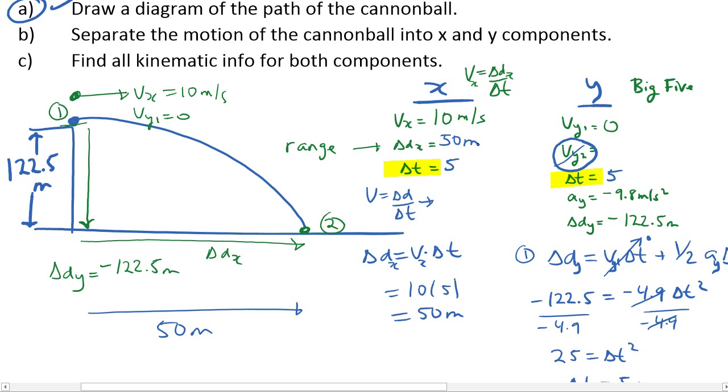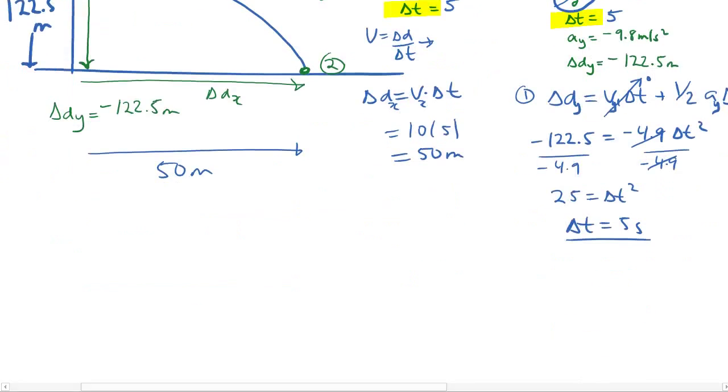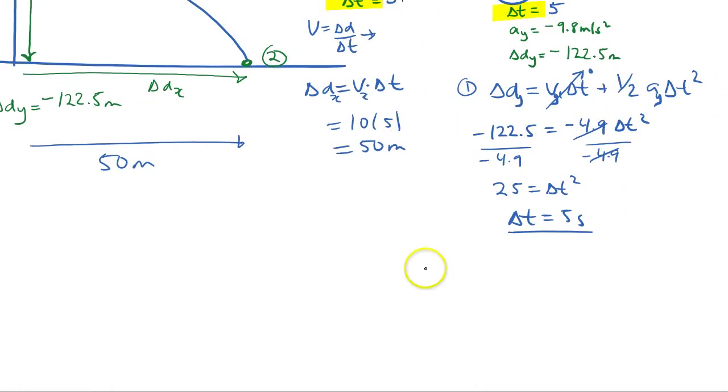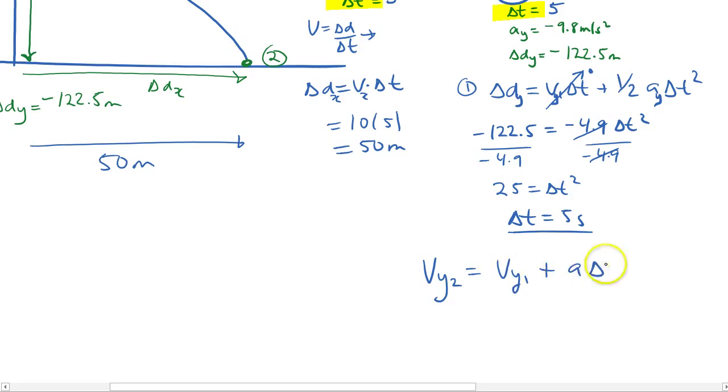Okay, is there anything else? It says find all kinematic information. Well, we figured out all these things. The only one left is the Vy2. So if we're going to figure out the Vy2, well, we can use the equation where Vy2 or V2 is equal to V1 plus a delta t. And so it starts off at 0 and then plus negative 9.8.